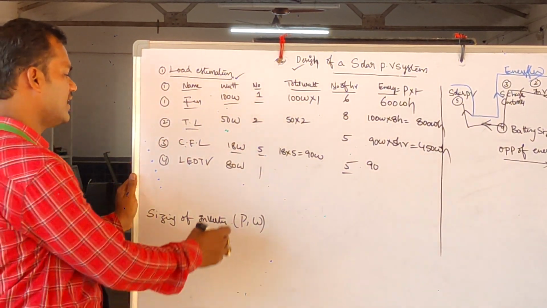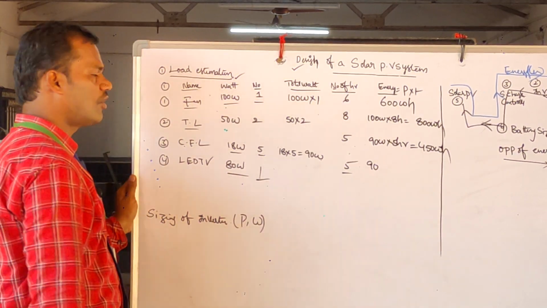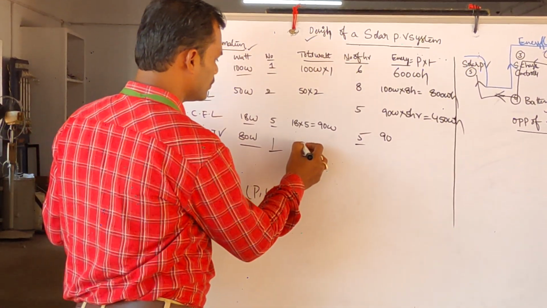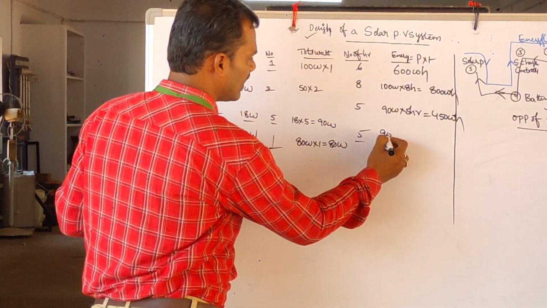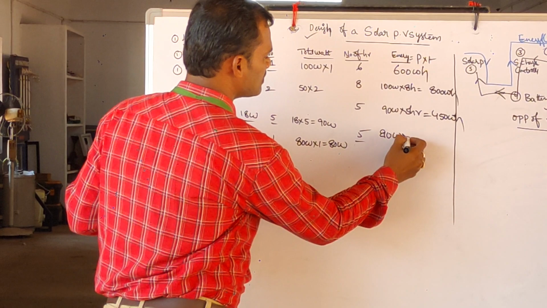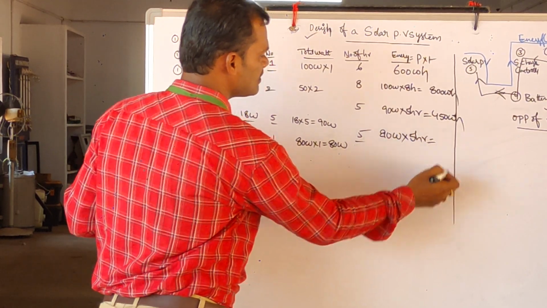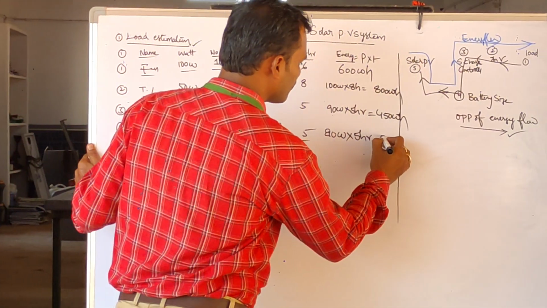Next, he has one LED TV, one quantity. 80 into 1 is 80 watts, operated for 5 hours, which is 400 watt hour.